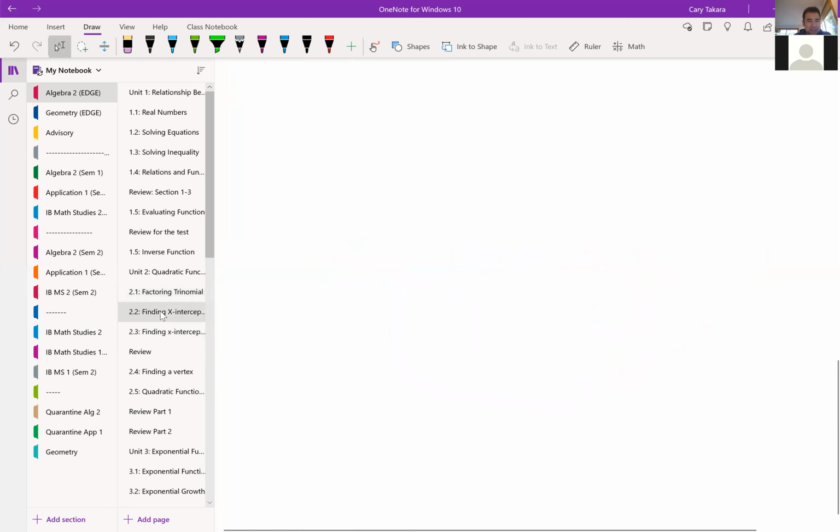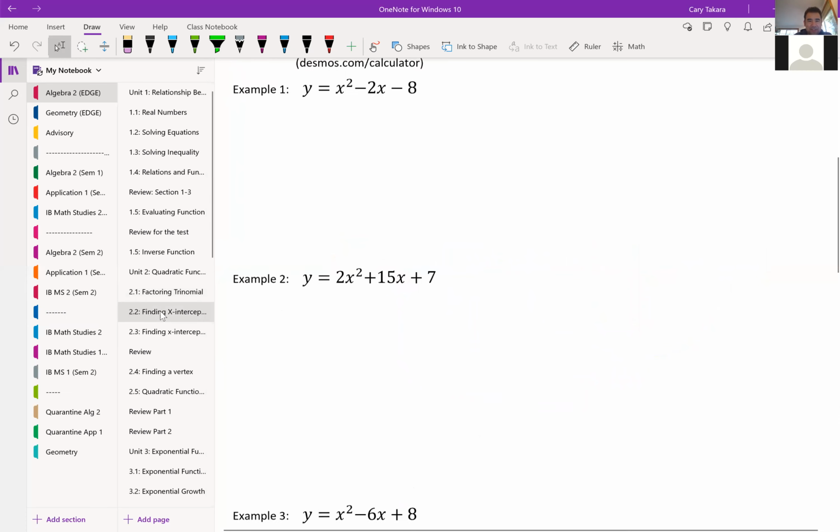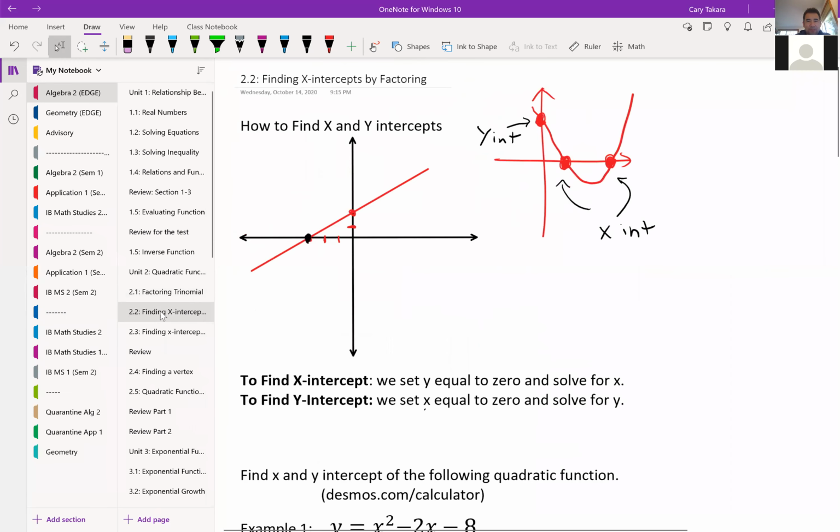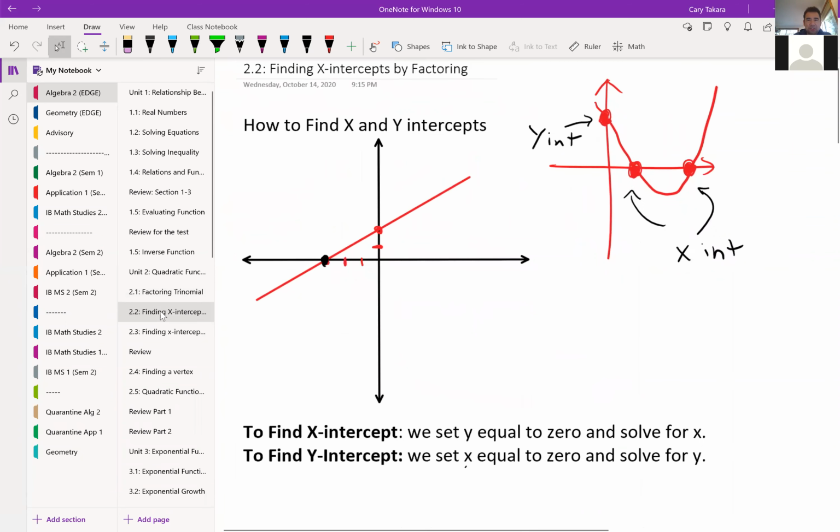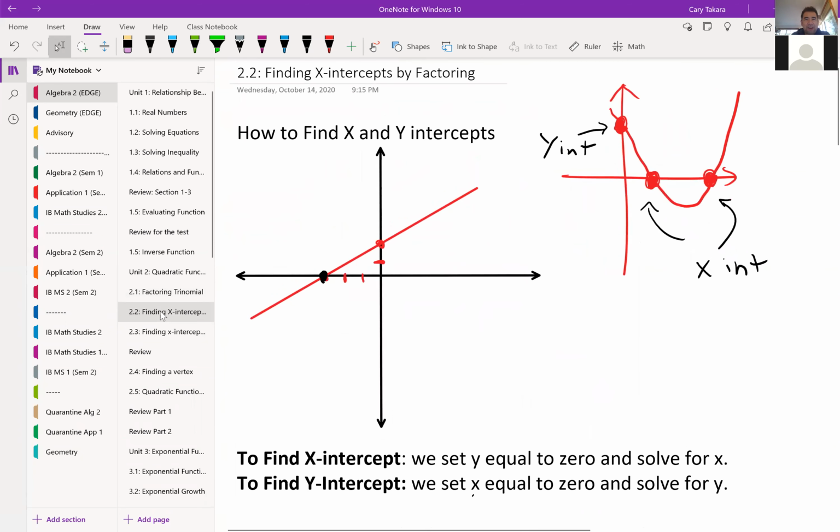So let's get started on that. This is 2.2, finding the x-intercept by factoring, okay?